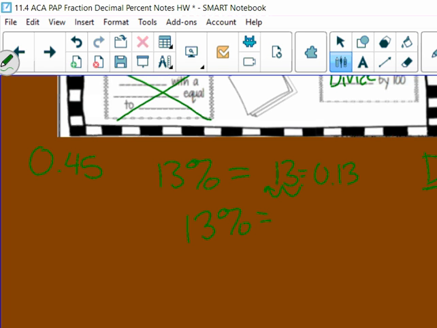If I'm starting with a percent and my decimal's here, I need to move it 1, 2 times to make it a decimal. If I'm moving it to the left, that means I'm doing what with 100? Dividing by 100.